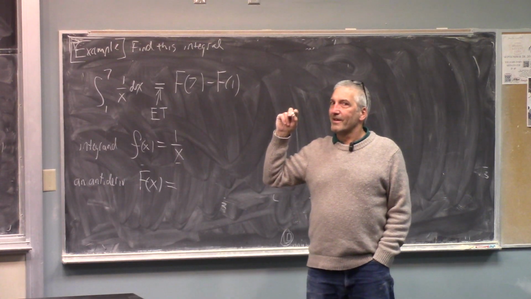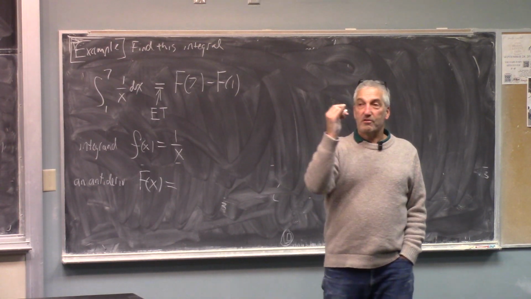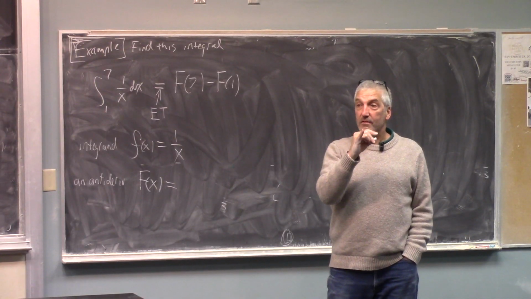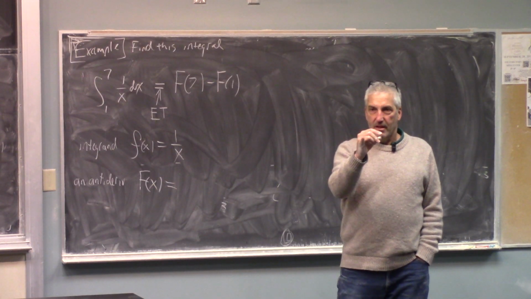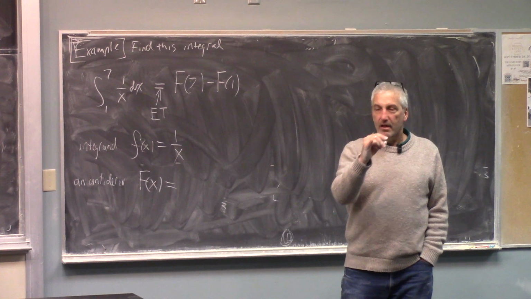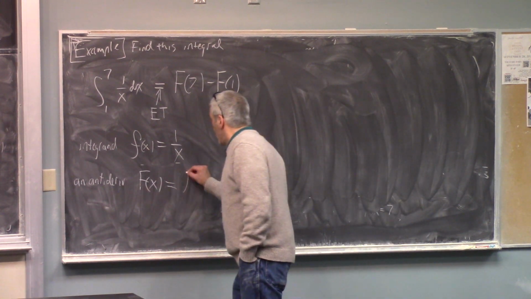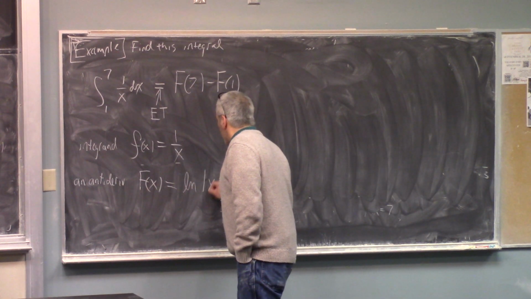Declare it, don't ask me. Yeah, so it's very close to ln. What's the thing we've got to add to it? It's the natural log of the absolute value. Yeah, so it's ln of absolute value of x.